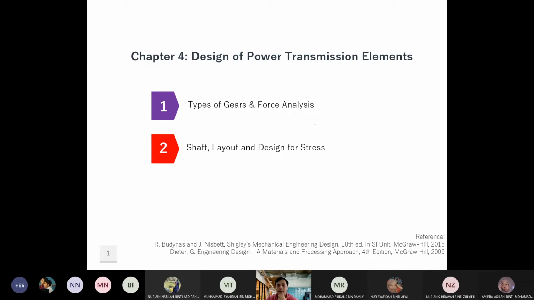If you have gears, usually they are connected with a shaft. These topics will be covered within two weeks of lectures. However, for this chapter 4, much attention will be given to the gears. The shaft is very simple, but the gears have a lot of details. So this chapter is quite technical.